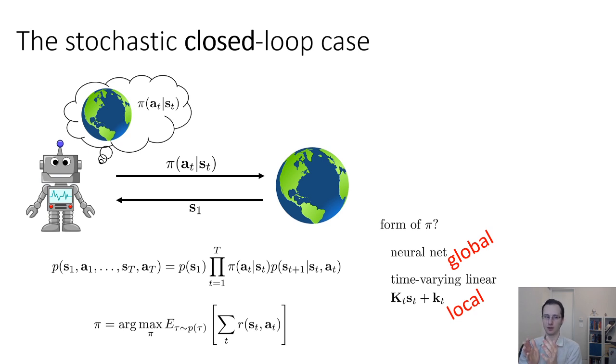However, it's not going to deviate very much, and if you correct those deviations quickly, you will mostly stay close to your planned trajectory. So you can get away with a very simple, very local policy, such as a policy that simply provides linear feedback on the state that says, well, as your state deviates, you apply action in the opposite direction proportional to the amount of deviation. So these kinds of controllers are much more common in the domain of optimal control and trajectory optimization. Okay, so more on this later.